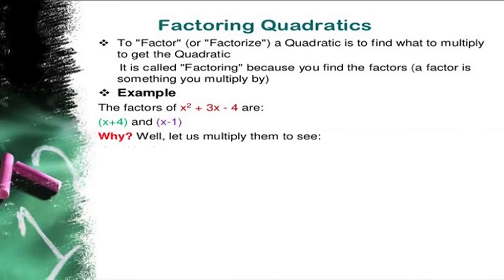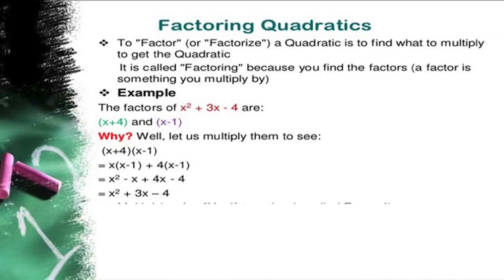Why? Well, let us multiply them to see. x plus 4 multiplied by x minus 1 gives x multiplied by x minus 1 plus 4 multiplied by x minus 1, which gives x square minus x plus 4x minus 4. You will find x square plus 3x minus 4.